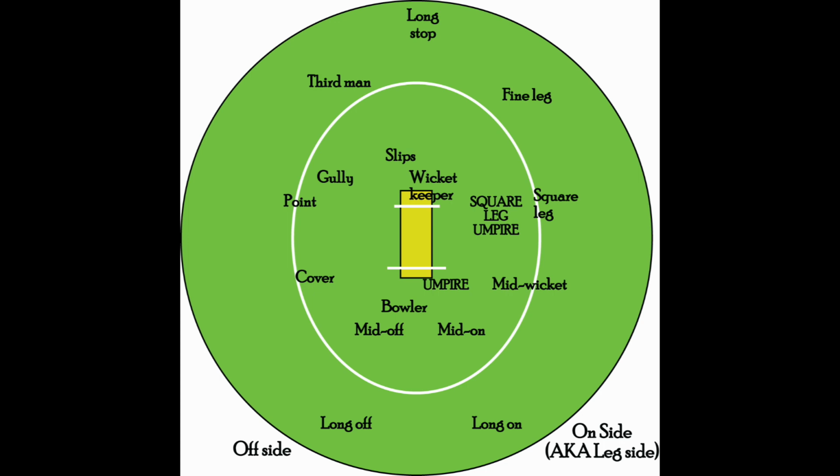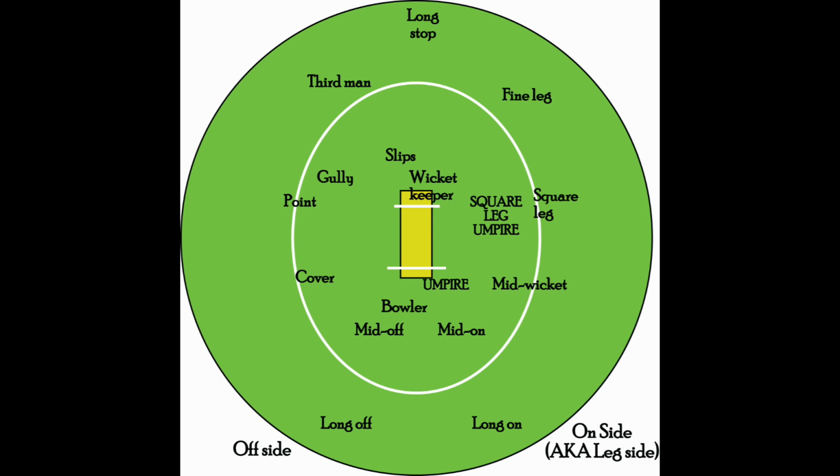You will have some players move and be like, okay, so you need to go across to the other side now when the left-handed guy's on strike versus when the right-handed guy is facing. But I know definitely at the junior level, we just kind of worked with a very symmetrical field, similar to this one, very basic. We always had a square leg, mid-wicket.